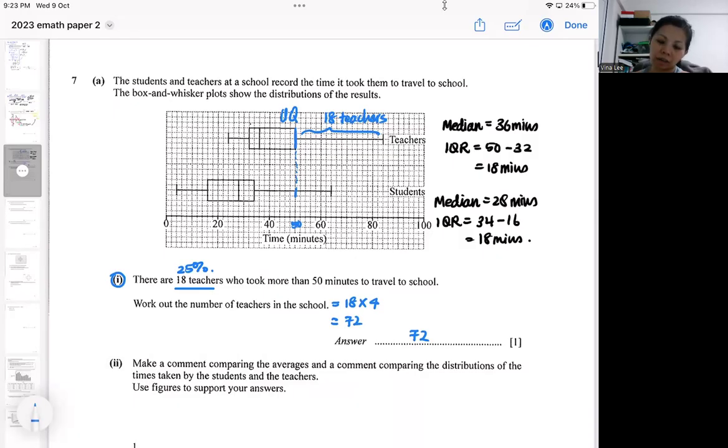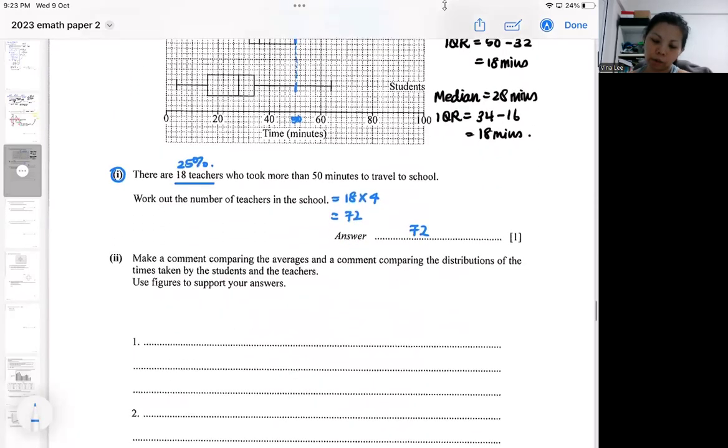Okay, making comparison is not difficult. If you can't get the total number of teachers, that's fine. We are going to comment on the averages and about the distribution. To comment about the averages, that will be the median. So I will talk about the median time for the teachers.